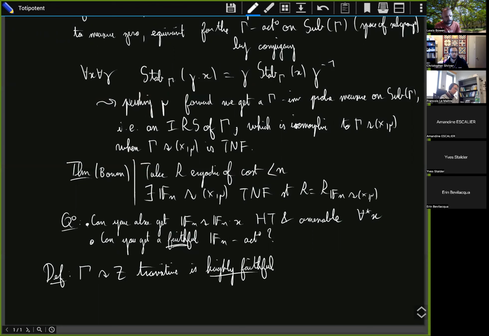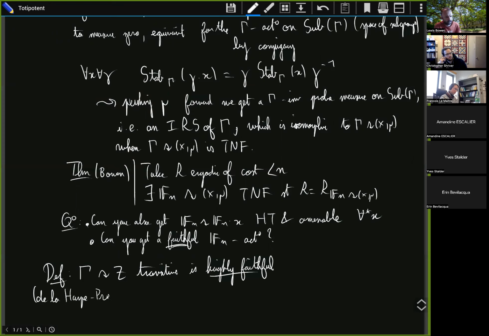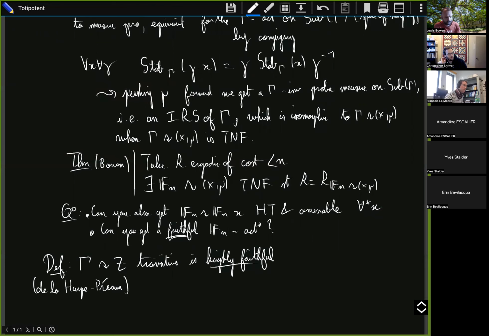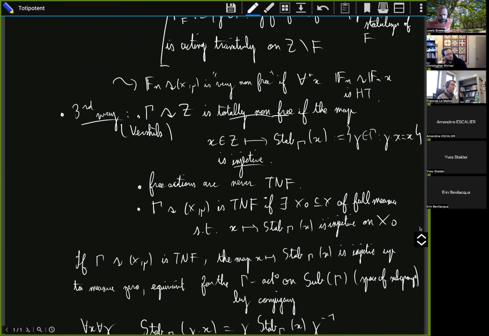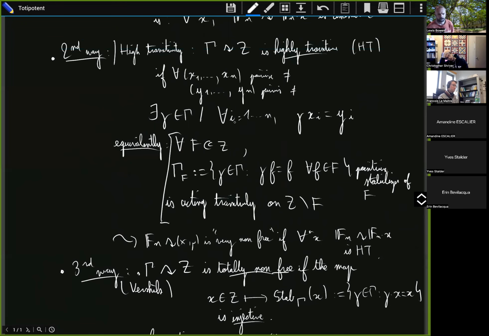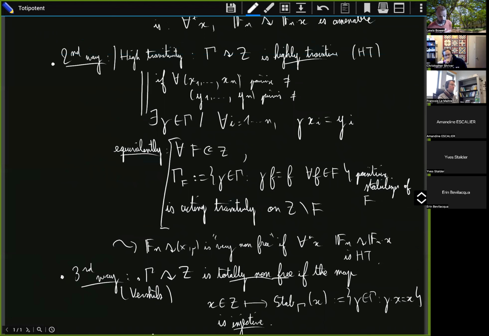And I should say that this definition first appears in some paper of Preo, I think, although I'm not completely sure that it did not appear somewhere else before. So an action is highly faithful if, so you take a dual point of view to this notion of high transitivity. And really the first definition, we had something which was happening for every n.